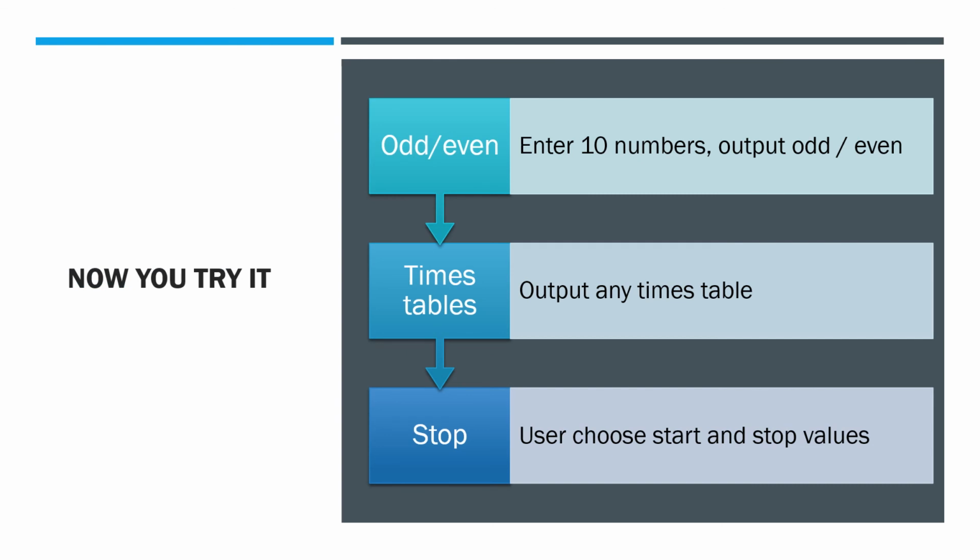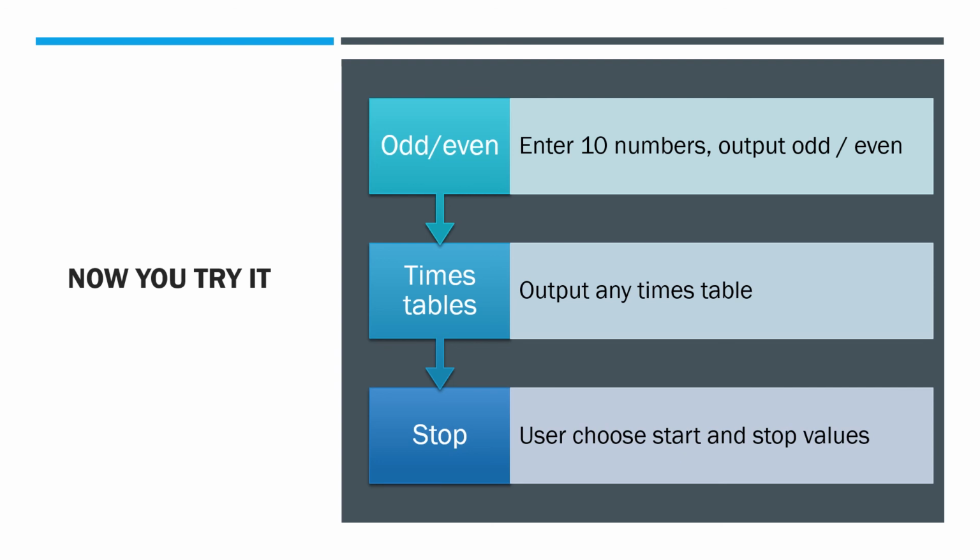So here are 3 exercises that will give you a chance to practice your skills with counter-controlled loops. Firstly, write a program where the user enters 10 numbers, and for each number a message will appear stating whether that number is an odd or an even number. Secondly, create a program that will output any times table.